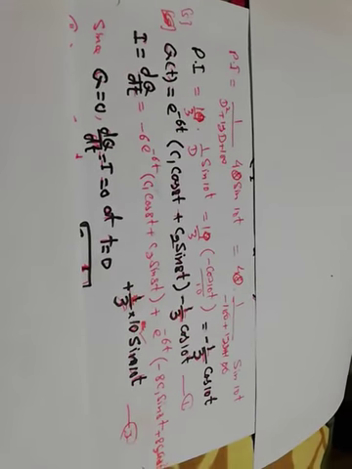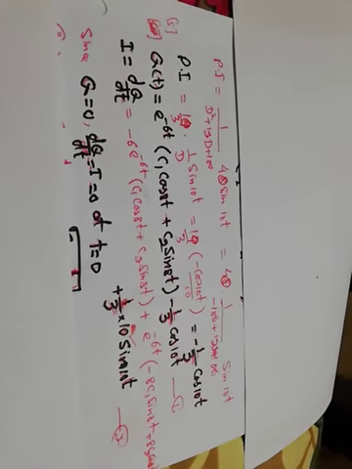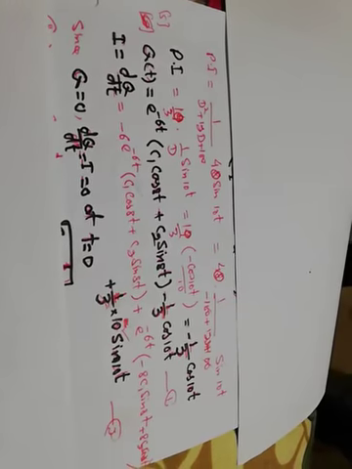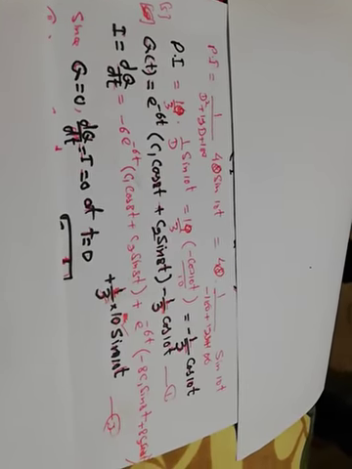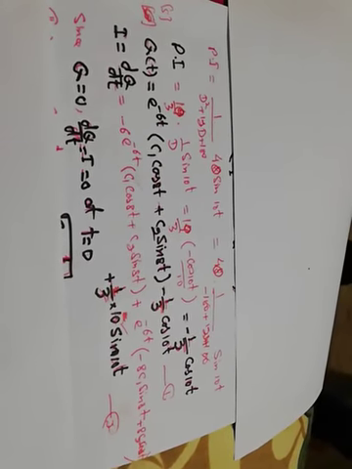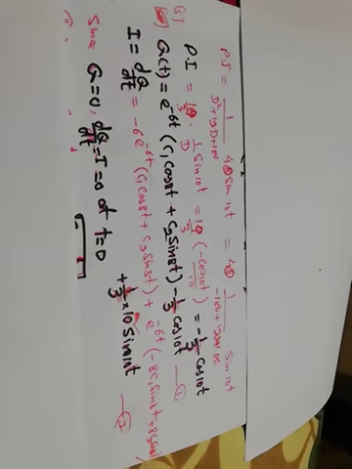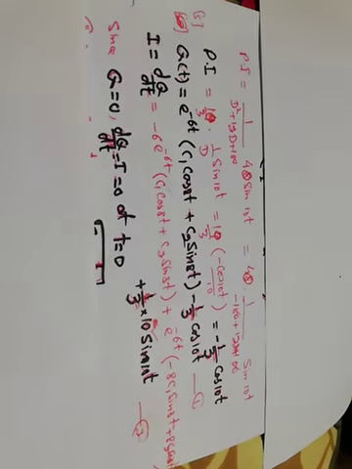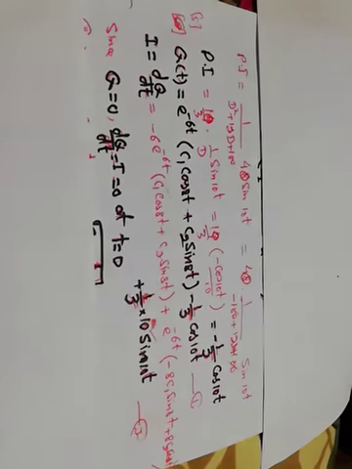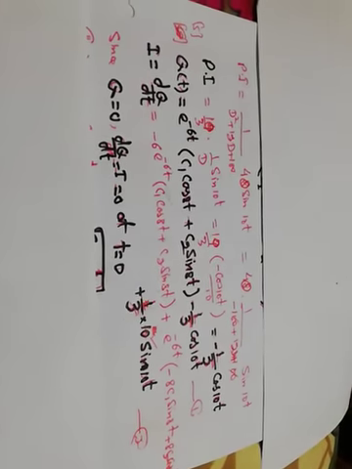Since you already know that the current is the rate of change of charge, I differentiate q with respect to t to find I. When q is 0, the charge is 0, and the current I is 0 at t equal to 0.